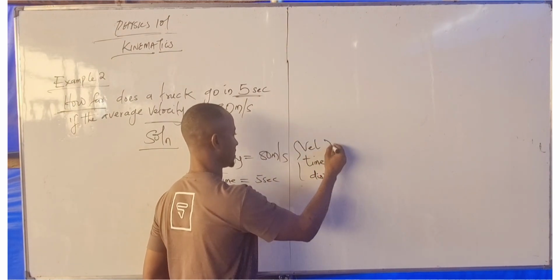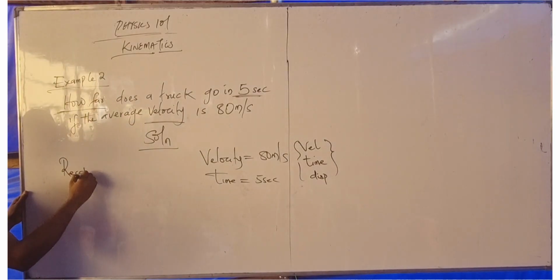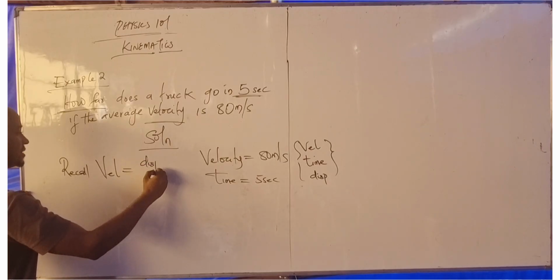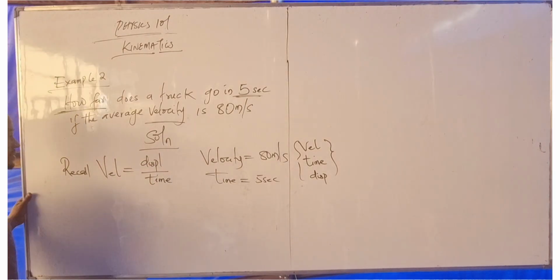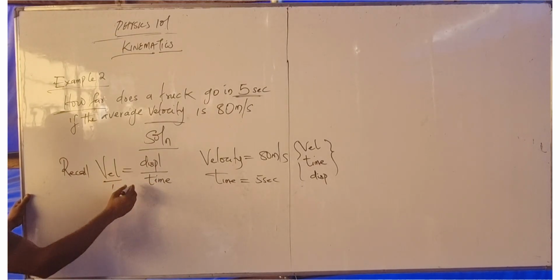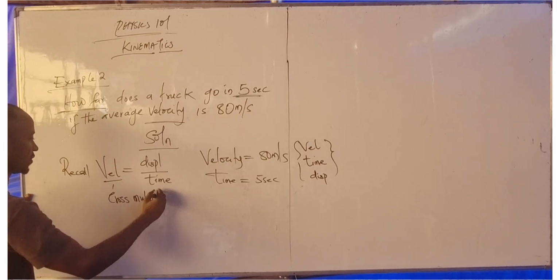The formula is simply this. We have to recall that velocity is equal to displacement over time, right? But we have to find displacement. So we cross multiply.